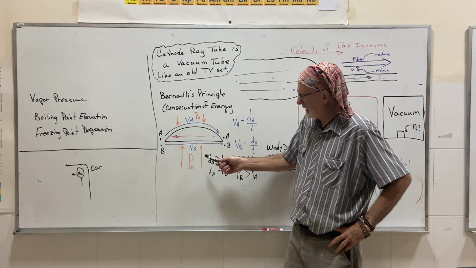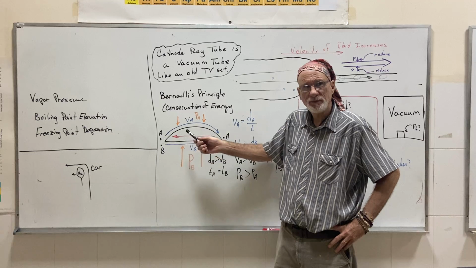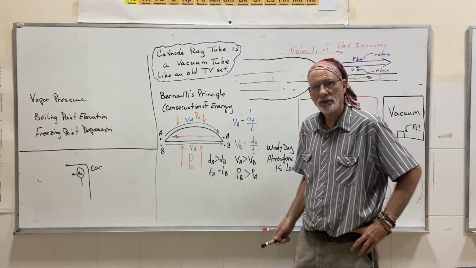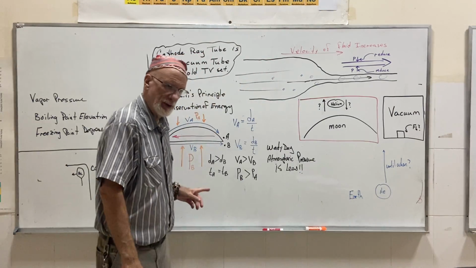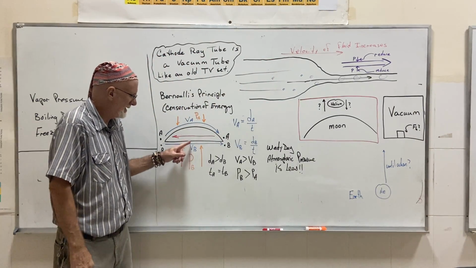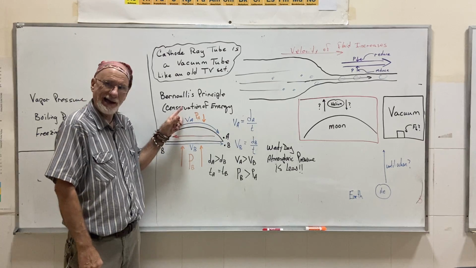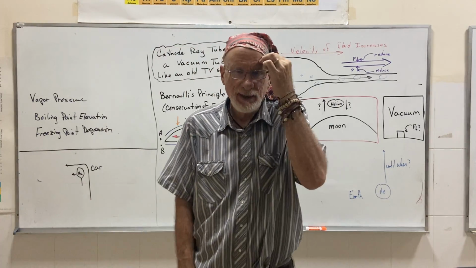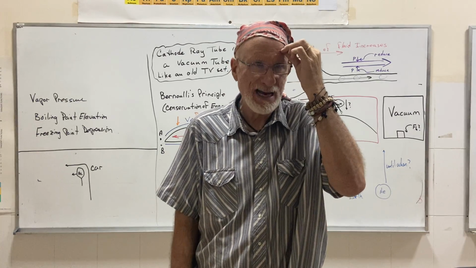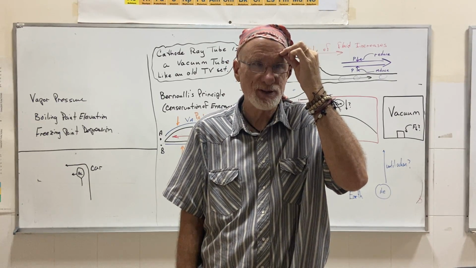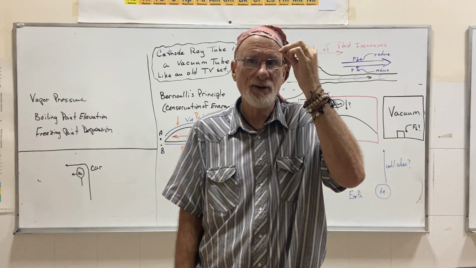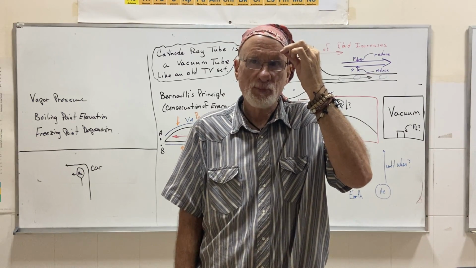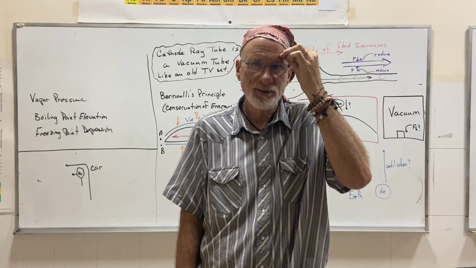So the pressure here is going to be greater for pressure B. You see that? Pressure B is going to be greater than pressure A, and that's called lift. As the velocity of a fluid increases, the perpendicular pressures decrease.